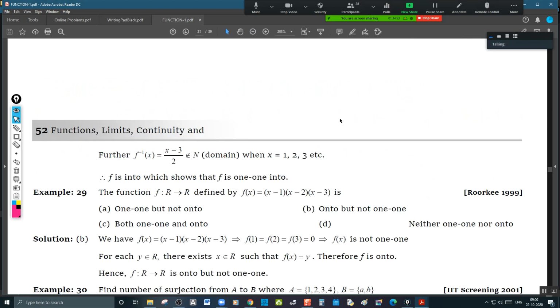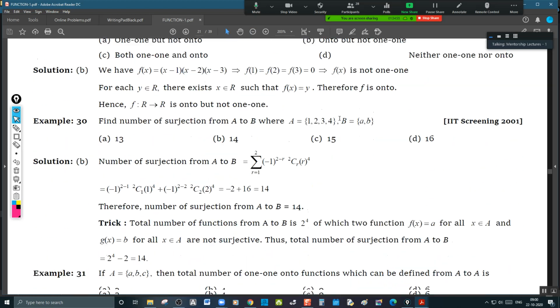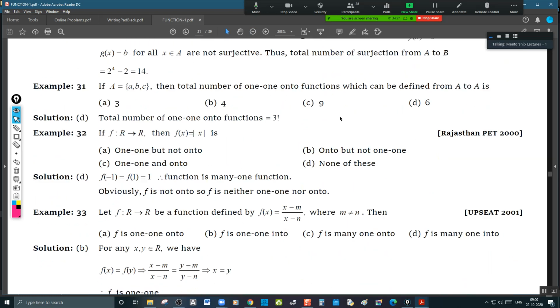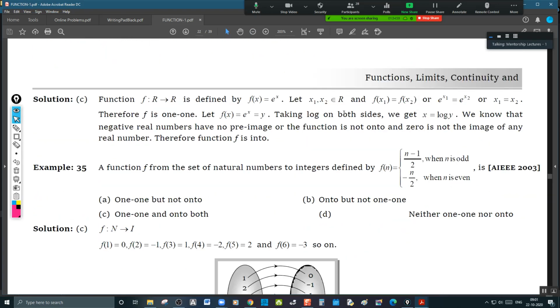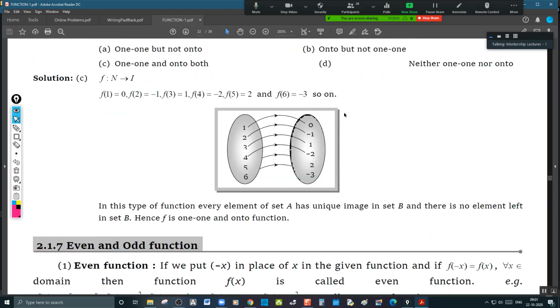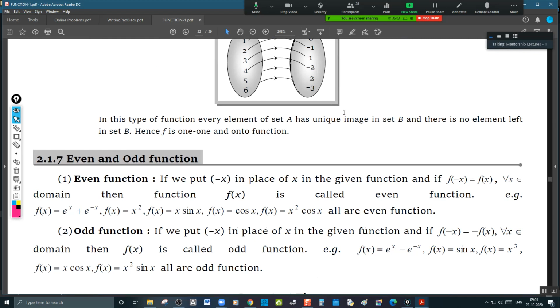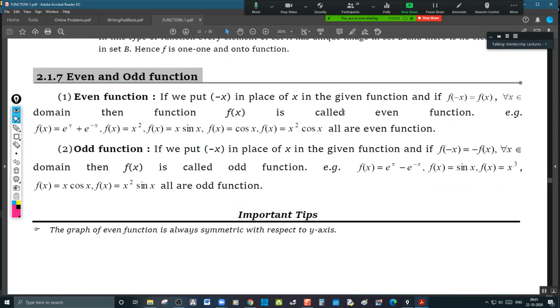Everyone knows that for an odd function, f of minus x is equal to minus f of x. Even function is nothing but f of x is equal to f of minus x is equal to plus f of x. And graphically, for the purpose of advanced, you must understand the even function and odd function.